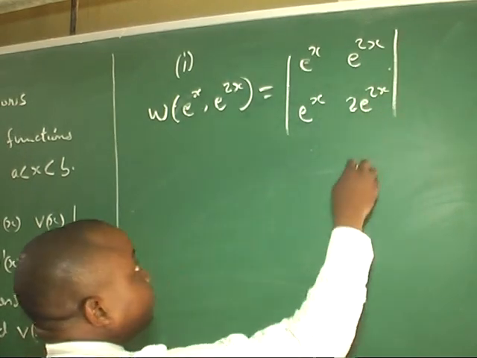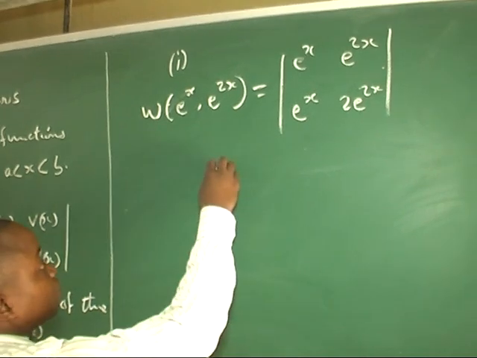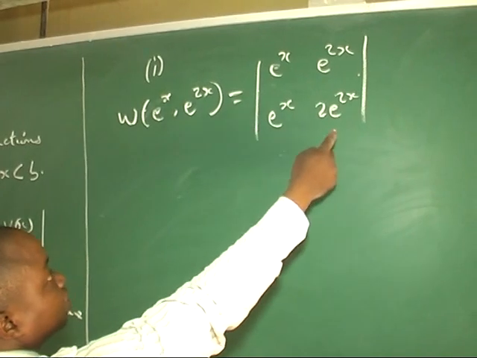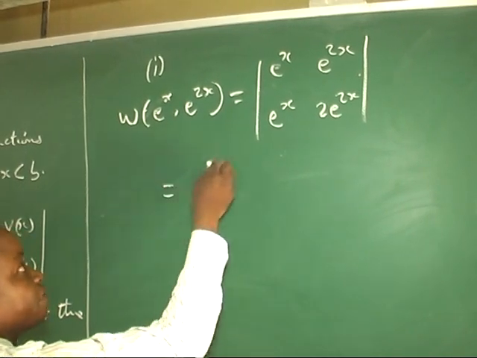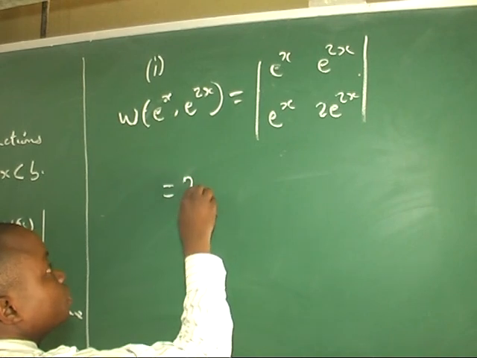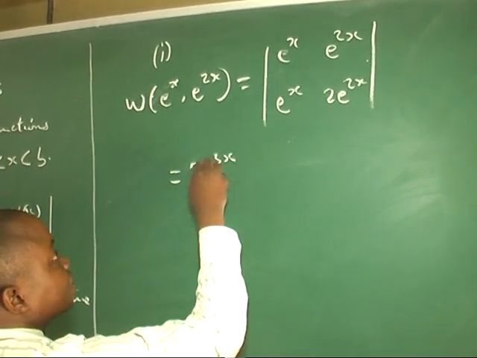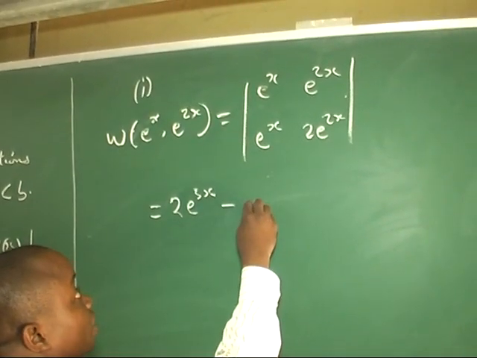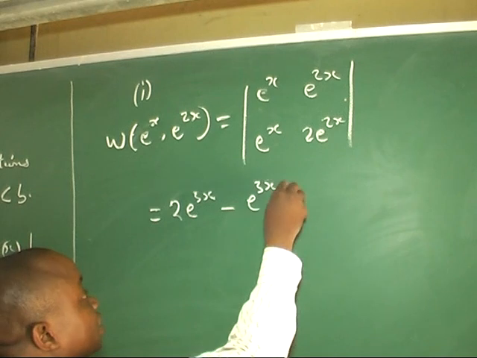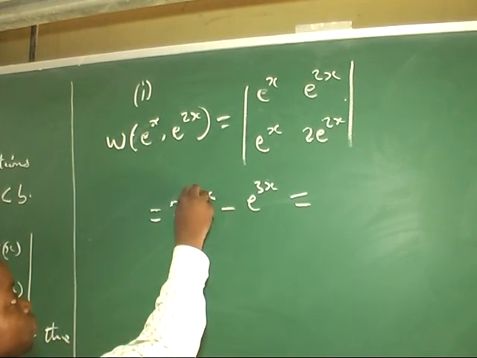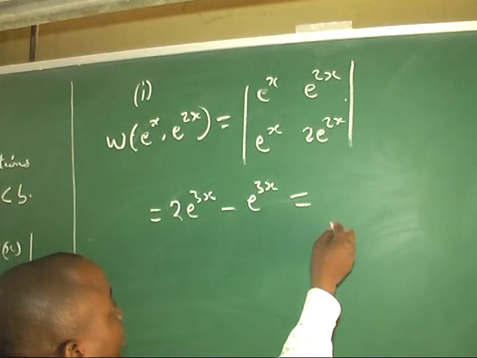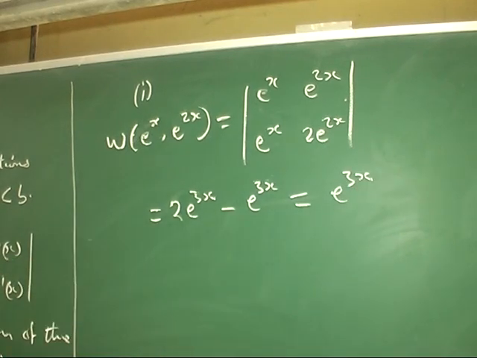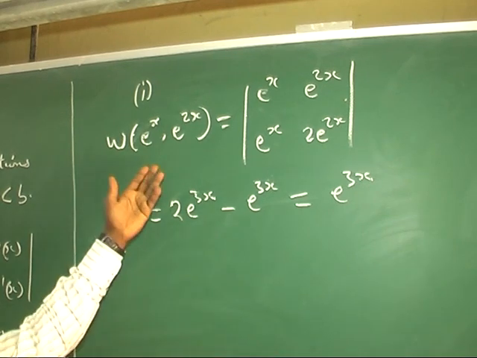Using this times this, minus this times this, we have 2 exponential 3x minus exponential 3x, which gives us exponential 3x. So that is the Wronskian of these two functions.